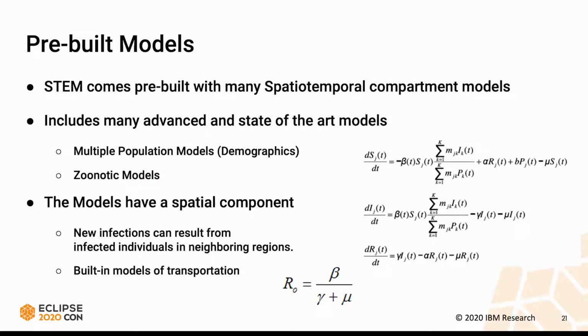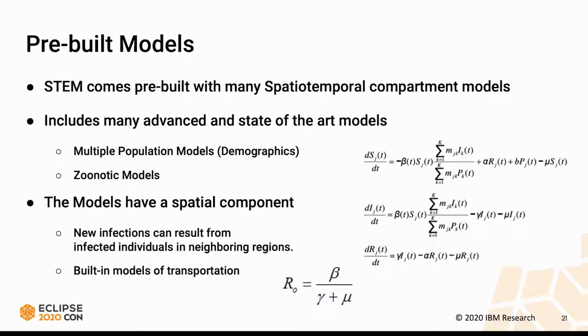When we consider what's provided for use with STEM, we're specifically focused on spatiotemporal compartmental models. So there's a notion that these compartmental models can incorporate information about time and space. If you've taken a look at the STEM wiki already, or hopefully you'll do so immediately after listening to this presentation, you'll find that there are multiple population models.